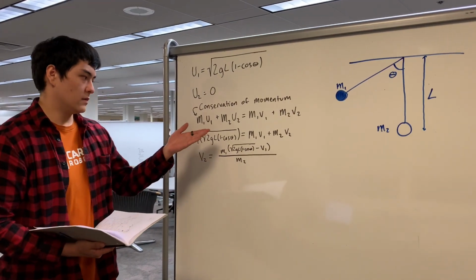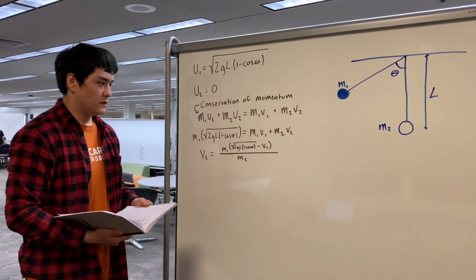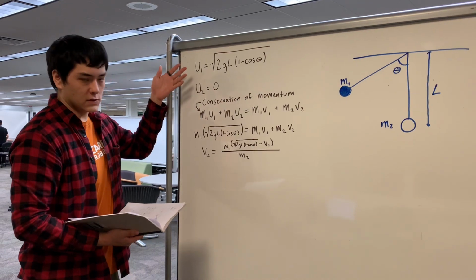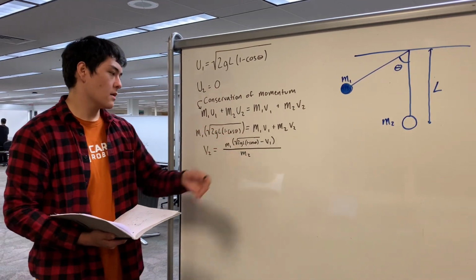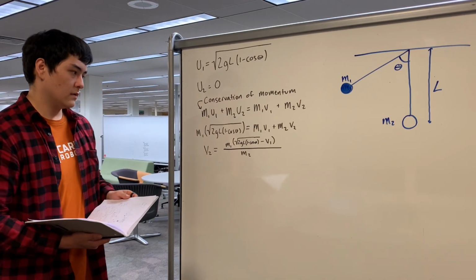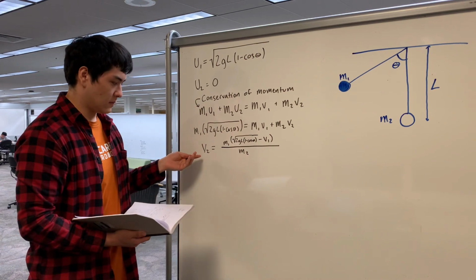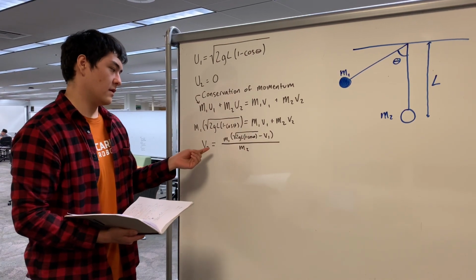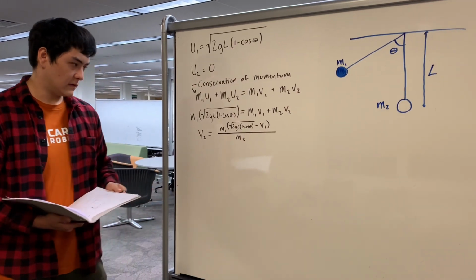So m1 u1 plus m2 u2 equals m1 v1 plus m2 v2. If we substitute the like terms that we just found, we get this equation here. Then, using some algebra, we rewrite this in terms of v2, so we can represent v2 as a function of all these other constants here.